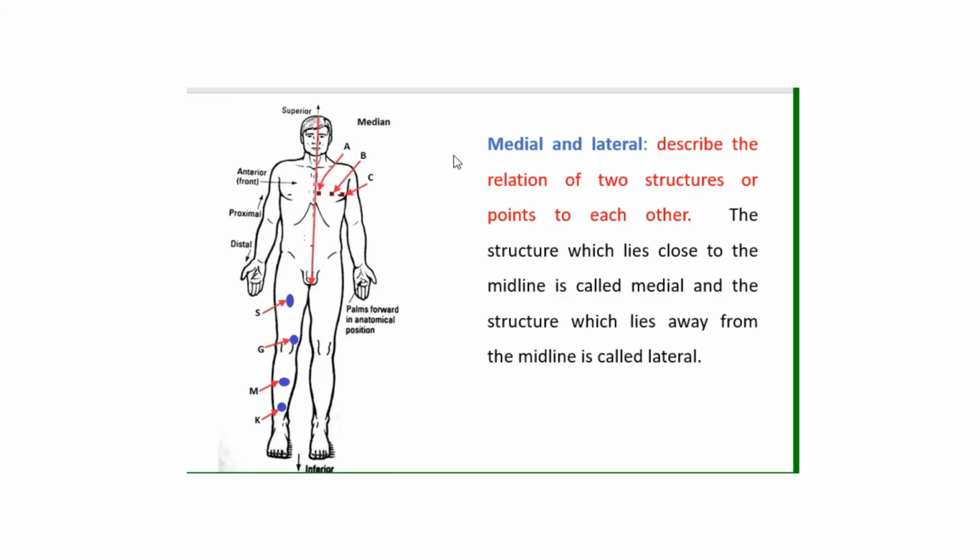While medial and lateral describe the relation of 2 points or 2 structures to each other. The point which is nearer to the midline is medial to that which is away from the midline.